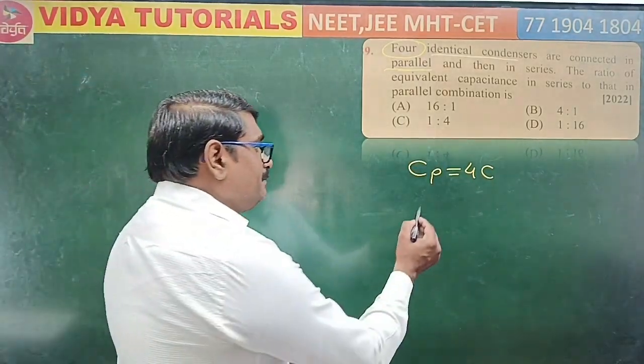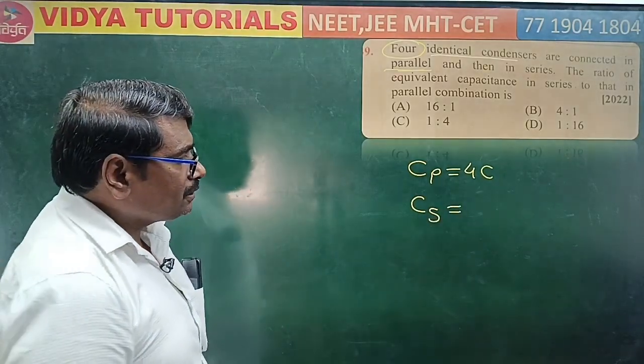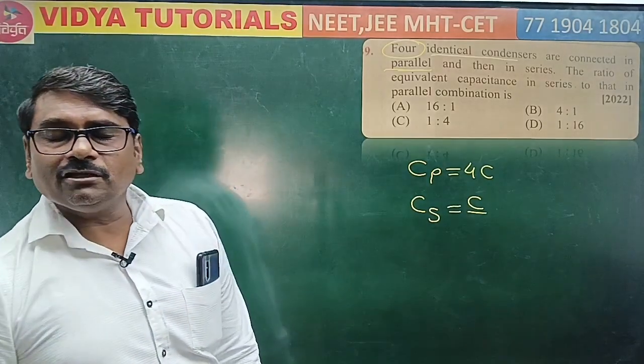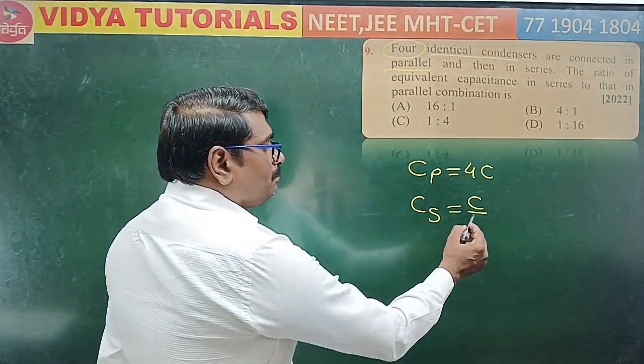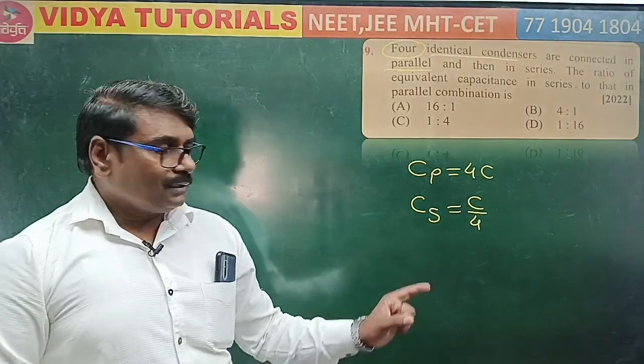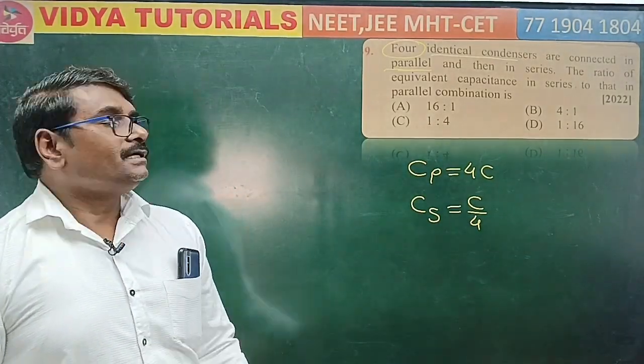At the same time, in series combination, the capacity of each capacitor is C and the number of capacitors is 4, so it is C by 4. It's the general formula for parallel and series combination. Got it?